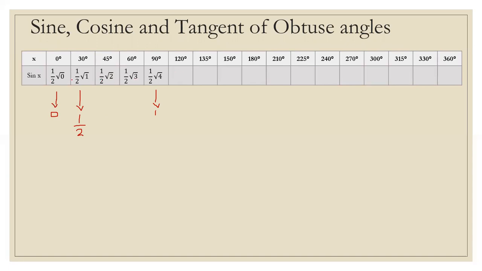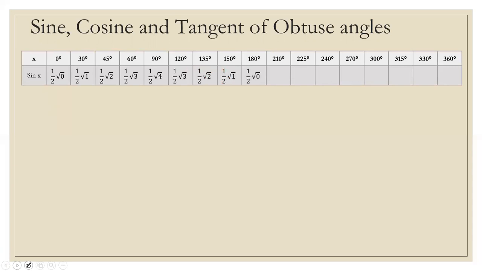So according to this pattern, we may determine the next values of sin x. Sin 120 equals a half square root 3, then a half square root 2, a half square root 1, and so on.